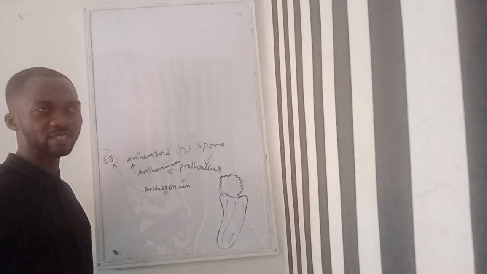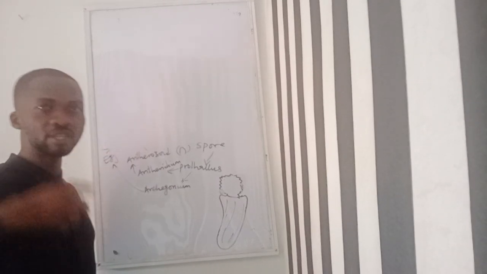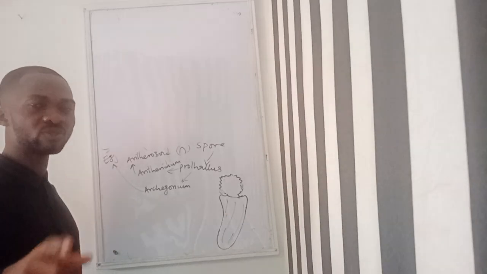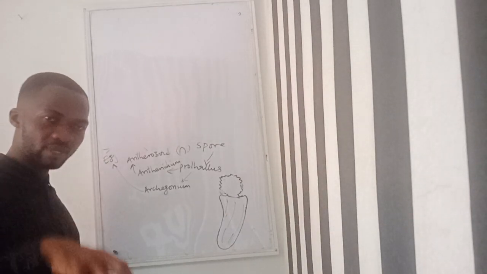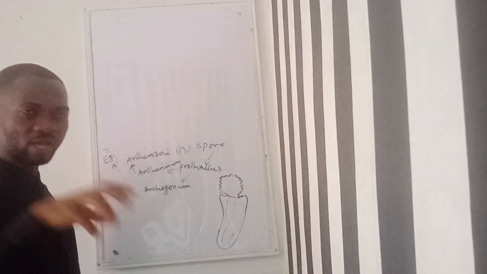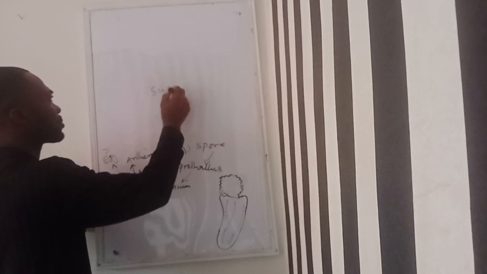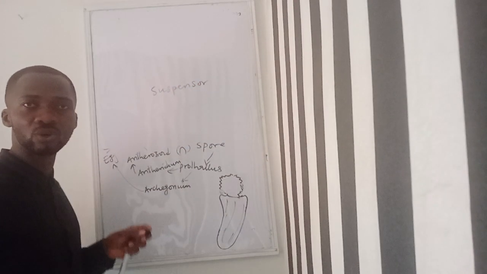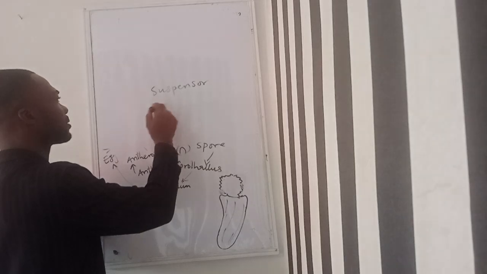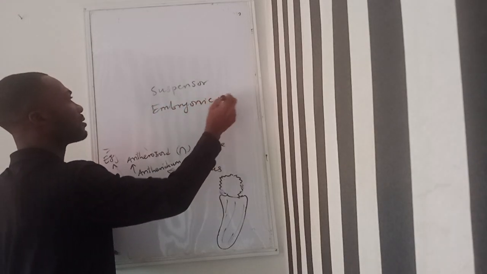That is to give rise to the three main vegetative parts of the plant: the root, the stem, and the leaf. So let me repeat what I said. In the case of Lycopodium, the zygote undergoes successive divisions to form two different kinds of cells: the outer cells and the inner cells. The outer cell forms what is called a suspensor cell that has no particular function, and the embryonic cell.